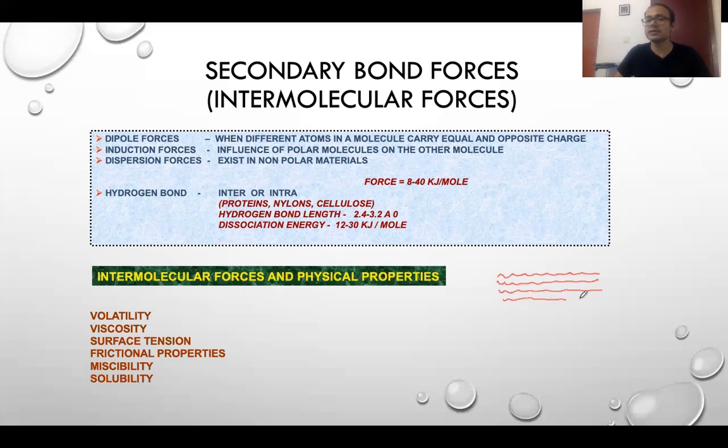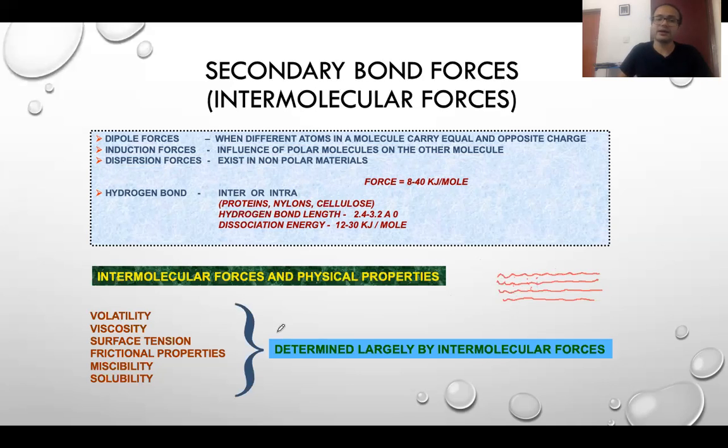These secondary forces come into play between the various polymer chains, and that interaction through secondary bond forces like dipole forces, induction forces, dispersion forces, or hydrogen bonding is responsible for the properties that you find in these polymers.